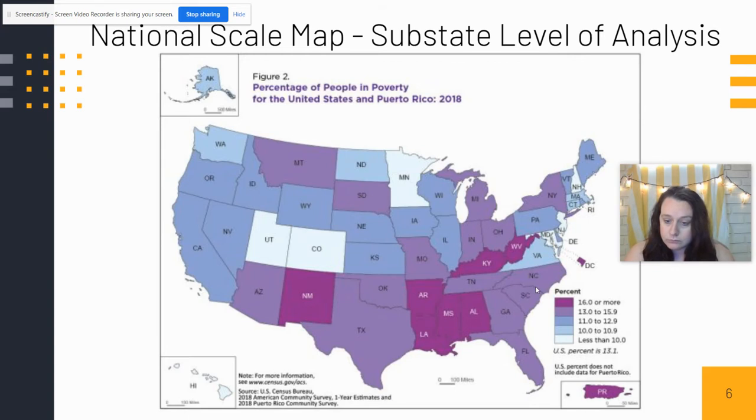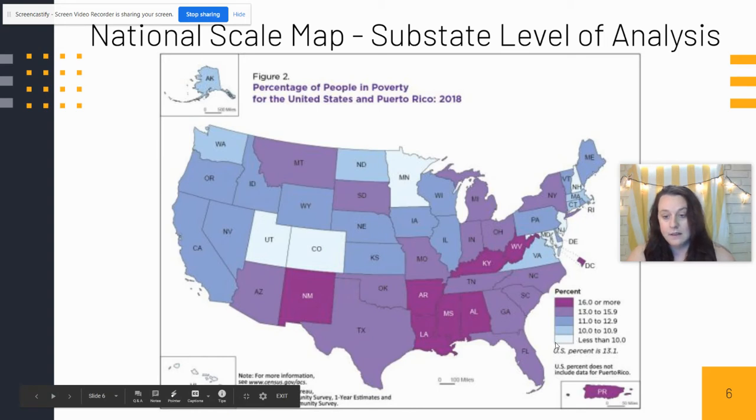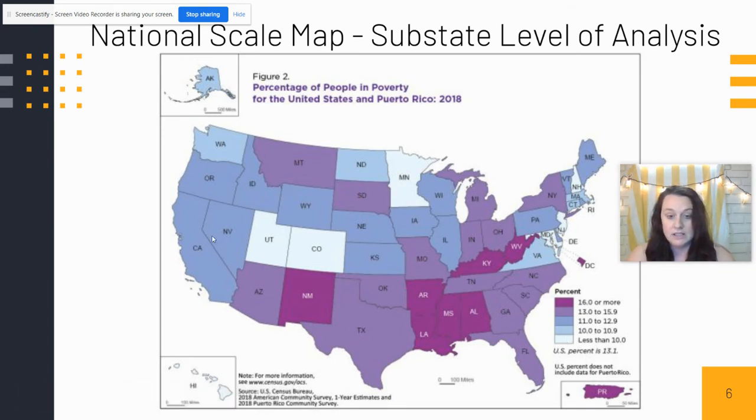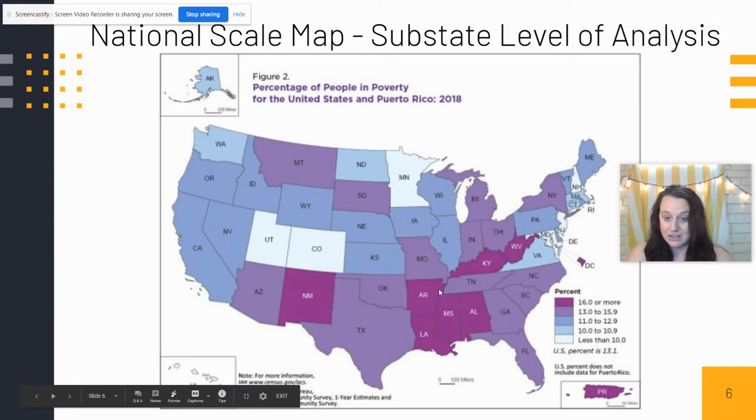And so you can see the darker the purple, the higher the percentage of people in that state living in poverty, and the lighter the color, the fewer people in that state are living in poverty. If you turn your attention towards the map and point out the places in the US that have the highest rates of poverty, this section of southern states, Arkansas, Louisiana, Mississippi, and Alabama, is the region of the United States with the highest amount of poverty.